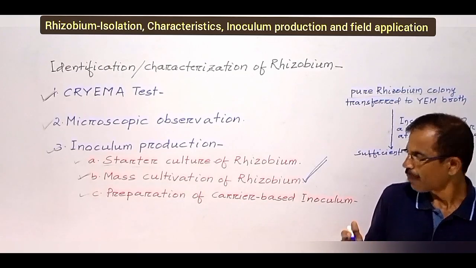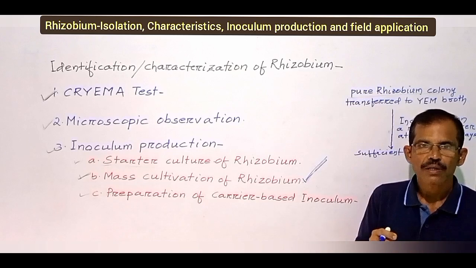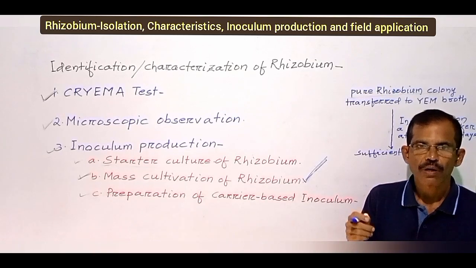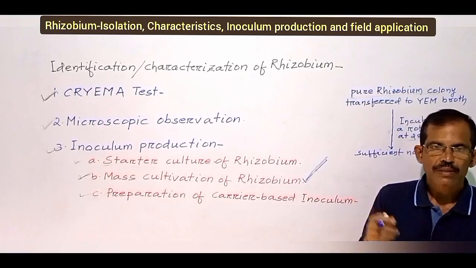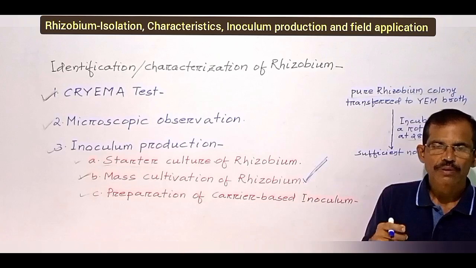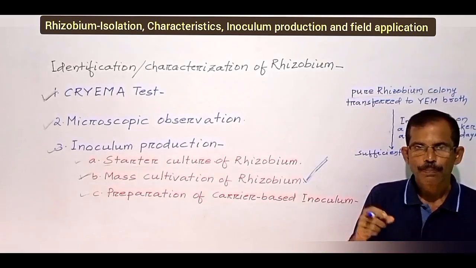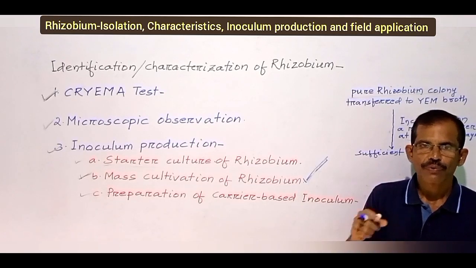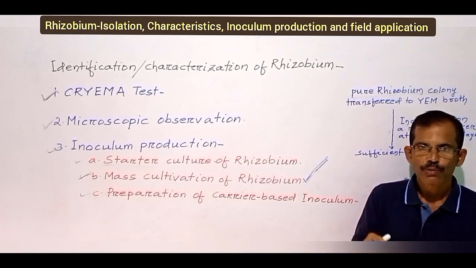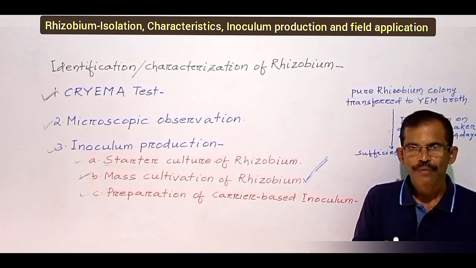Next step is mass cultivation of Rhizobium. For mass cultivation, large quantity of yeast extract mannitol broth is prepared and then sterilized. The sterilized nutrient broth is transferred to a large production fermenter. The pH of the nutrient broth is adjusted to 6.5 to 7 by using potassium hydroxide or sulfuric acid.